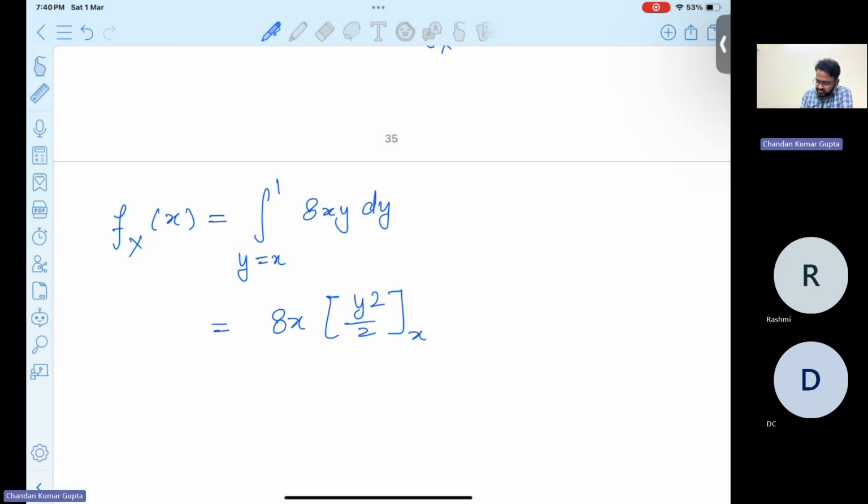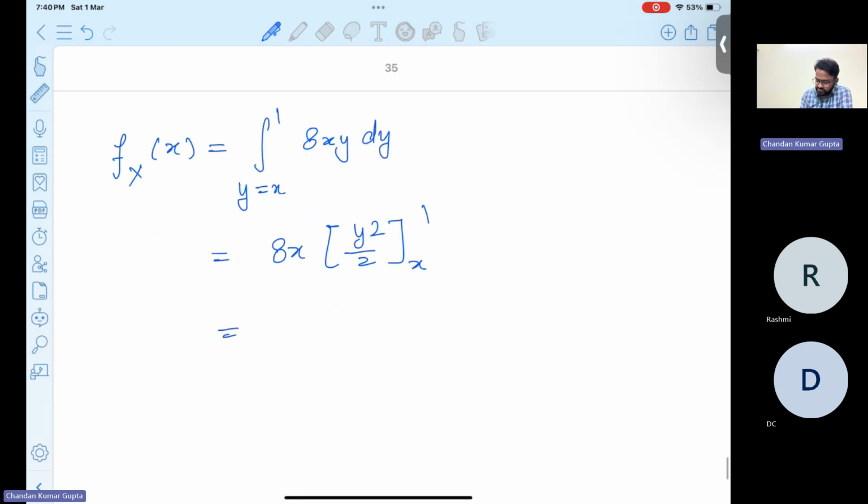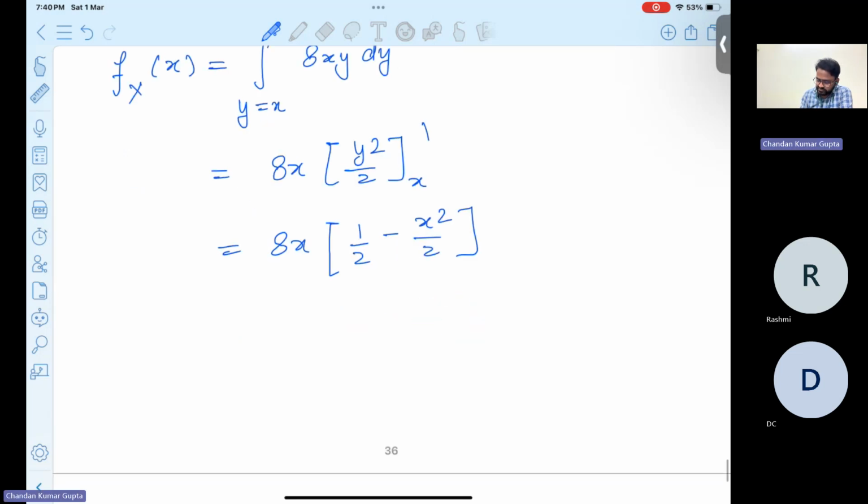Simplifying, it is 4x(1 minus x squared), for x lying between 0 and 1.